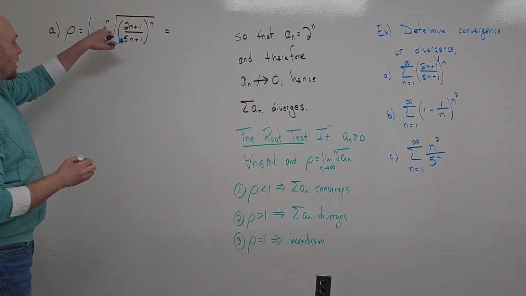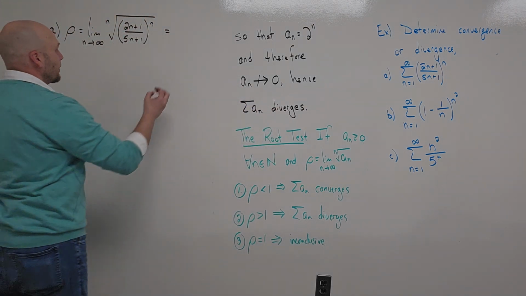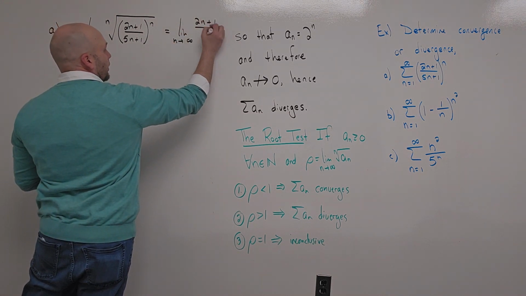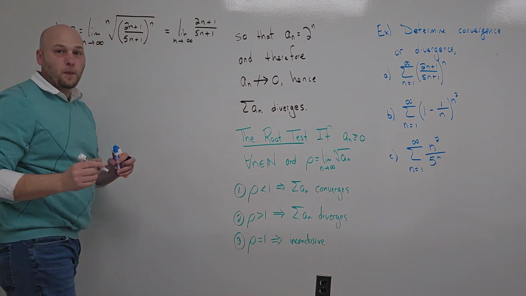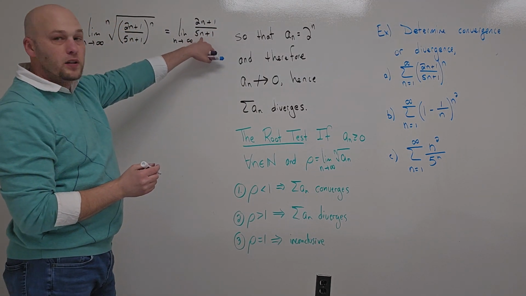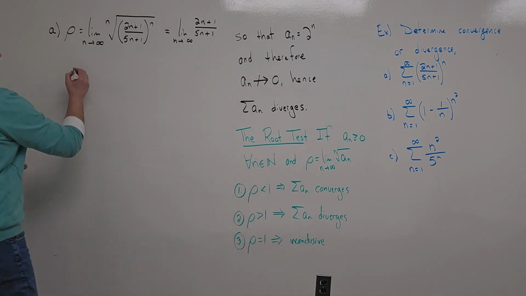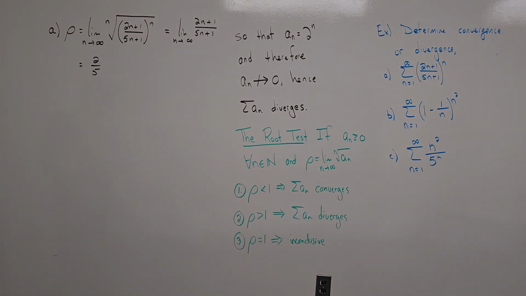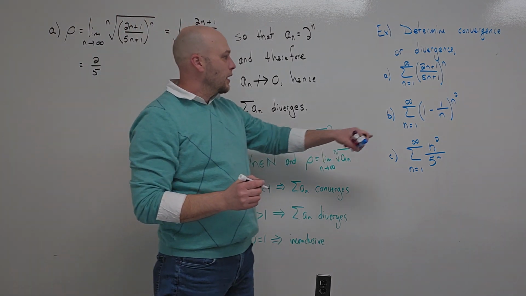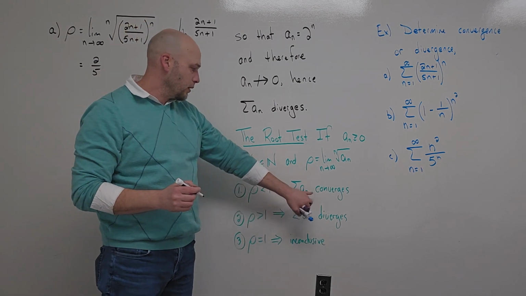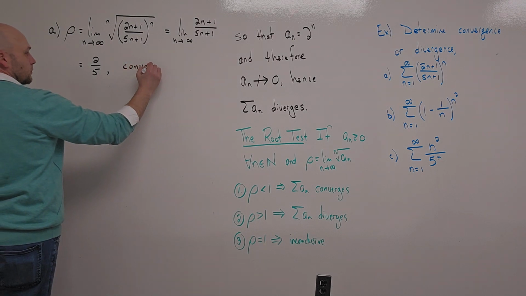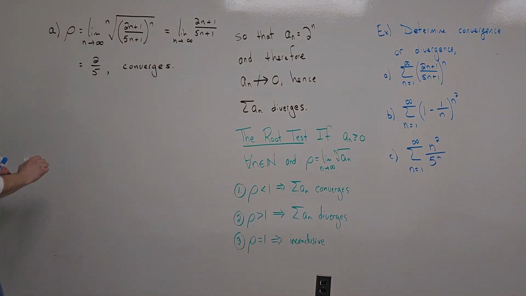Well, notice that the nth root and the nth power are going to cancel, leaving the limit at infinity of (2n plus 1) over (5n plus 1). And the limit at infinity of this expression here is 2/5. So then what does that tell me? Well, the value of rho is 2/5, and that's less than 1, therefore converges.